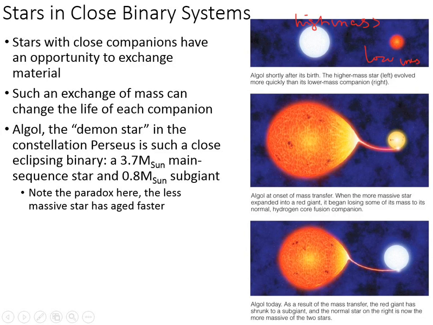One of the things we know is that low mass stars take a lot longer to live their lives than high mass stars. So a high mass star can reach its bloated stage. The cool thing is, if they're close enough together, some of the stuff from the bloated star can fall onto the companion star, and that's exactly what's happening here.